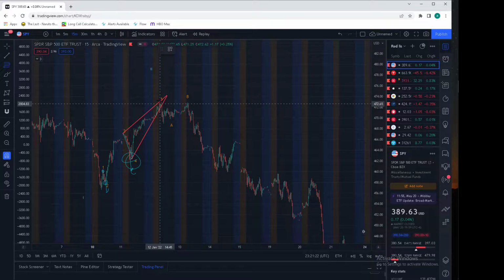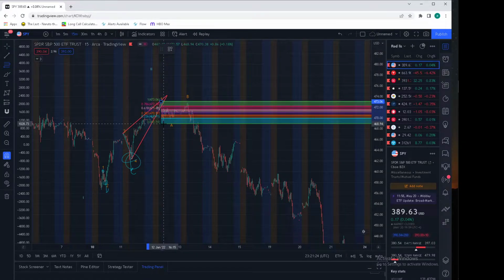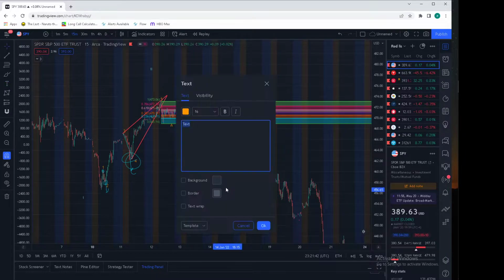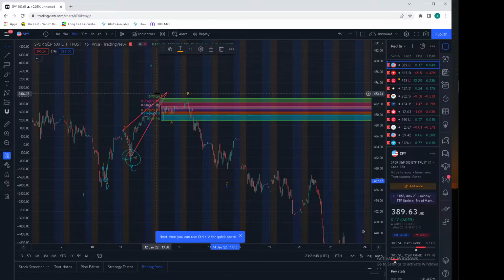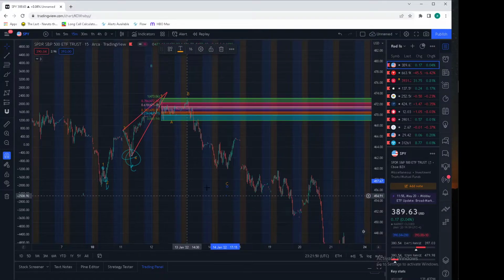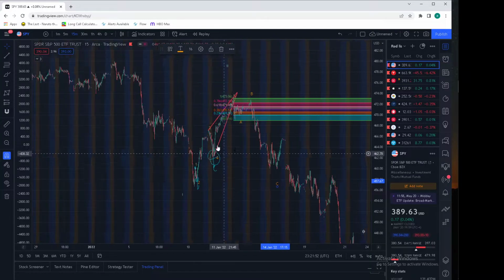This one isn't perfect, it kind of reached beyond it, but usually your B wave will come at the 618 retrace. This one extended a little bit further, and then your C wave will end here. Now you have a complete 1 through 5 impulse and then a full ABC correction of that impulse wave.